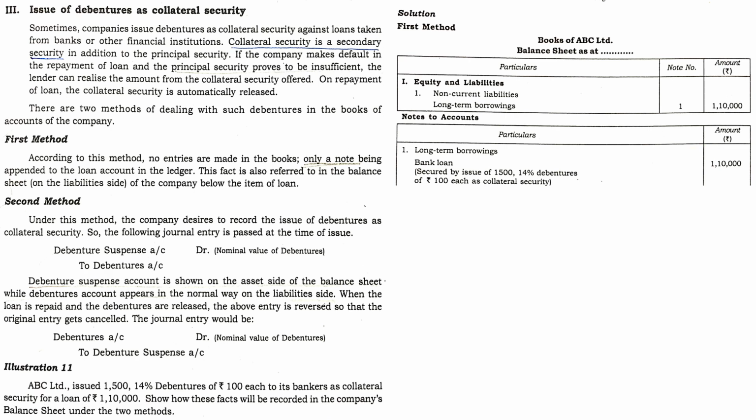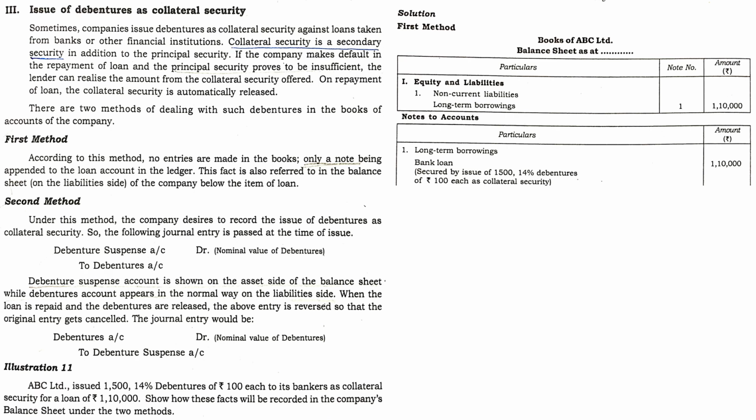Remember, if it is a case of issue of debentures as collateral security, in the first method you have to pass only these items. Instead, if you are going to deal with this question using the second method, you have to pass the journal entries, and you have to show the same details in the balance sheet also.